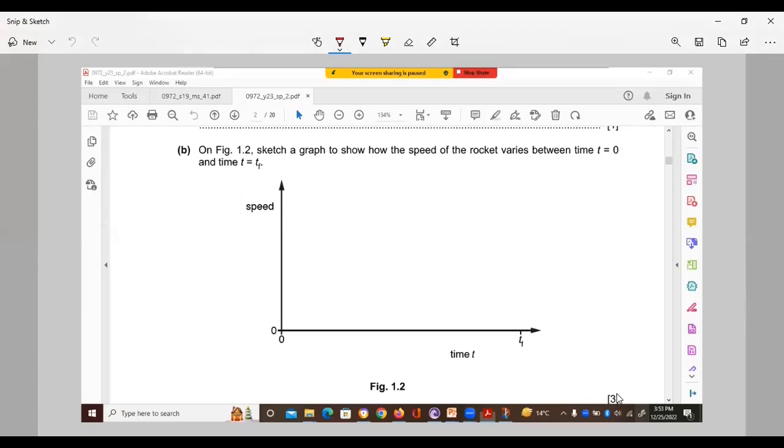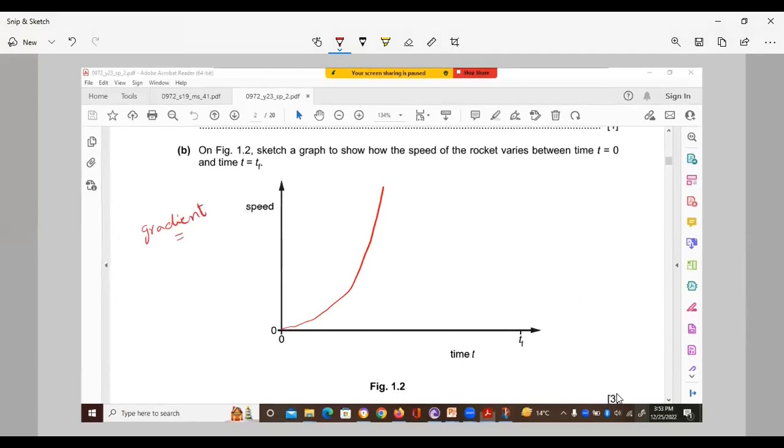It will start from origin O, and this line shows the increasing acceleration. Then we have a straight line like this. This straight line shows the constant acceleration. Speed time graph has a gradient.